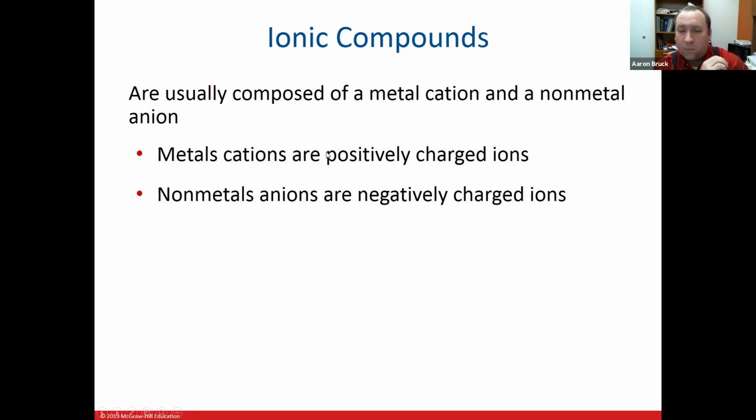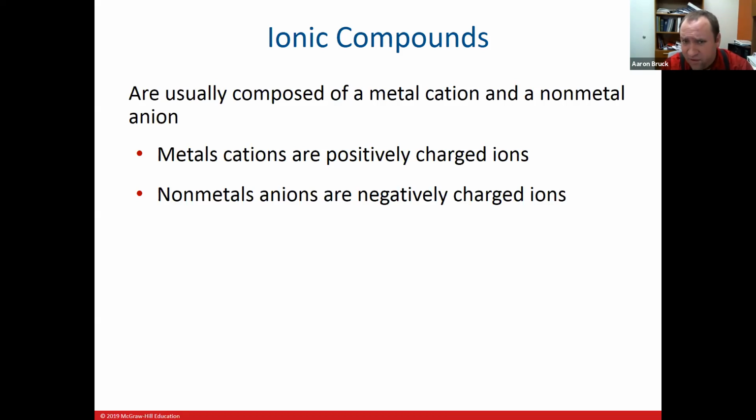Now, your metal ions, these are your positively charged ions. And you saw in our descriptions in chapter 2, in what we were just doing, the metals all tended to have positive charges. Positive 1, positive 2, positive 3, positive 4. Your nonmetals, on the other hand, all tended to be negative charges, negative 1, negative 2, negative 3.